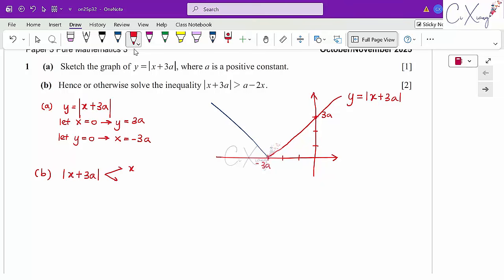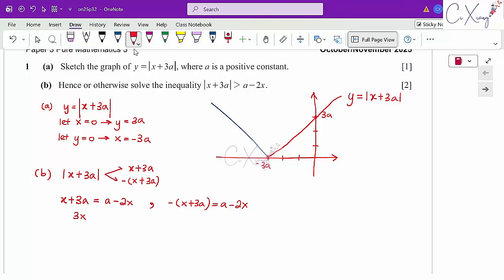One is x plus 3a, another one is negative x plus 3a. So I have positive x plus 3a equals a minus 2x. For the other critical value, I solve negative x plus 3a equals a minus 2x. Let's solve for the value of x.